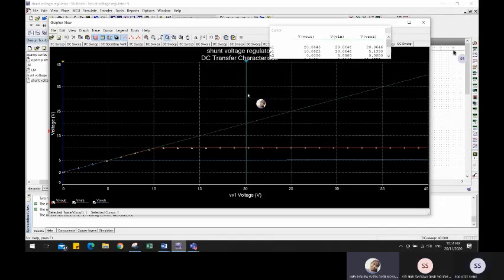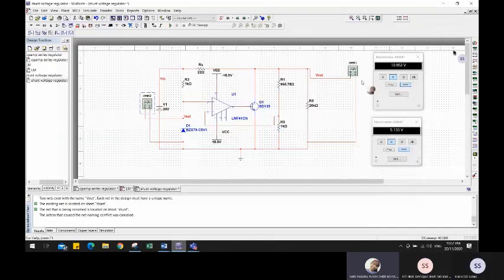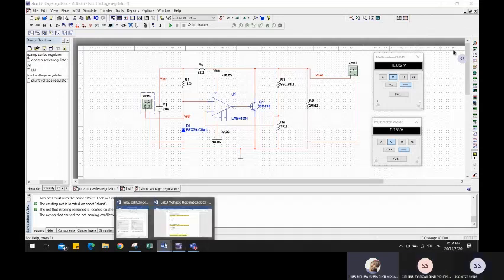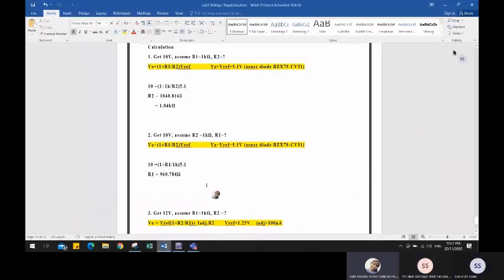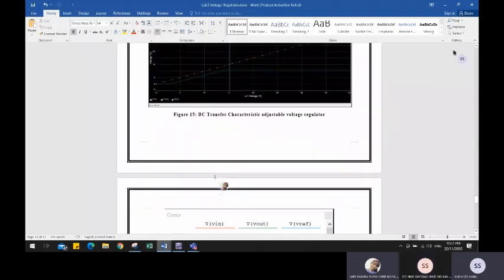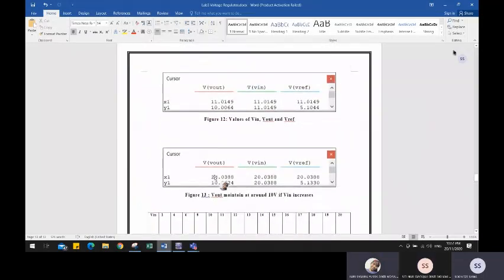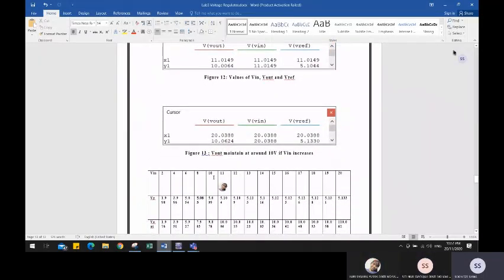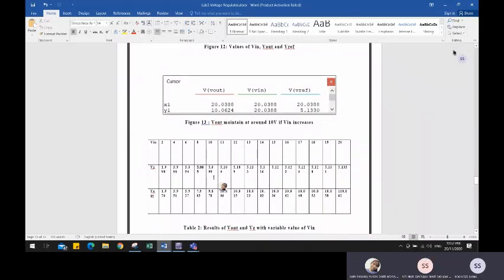Since we can't move it to get the exact value, we use a multimeter and record the results here. This is our results.